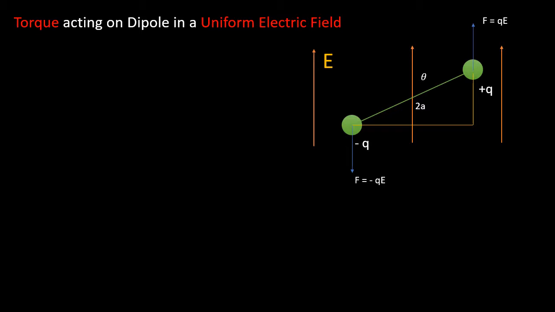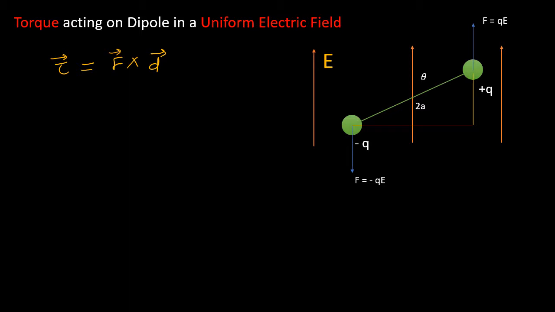Now we have to find the torque, and from the definition of torque, which is represented by tau, is equals to force into perpendicular distance d, and this torque is a cross product.